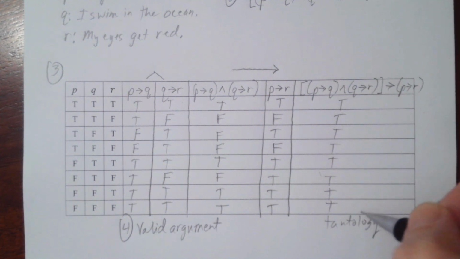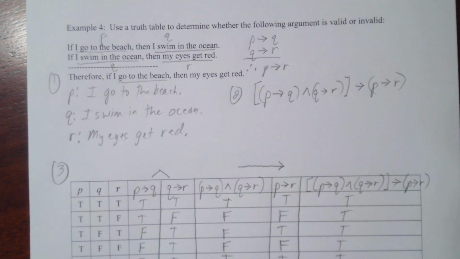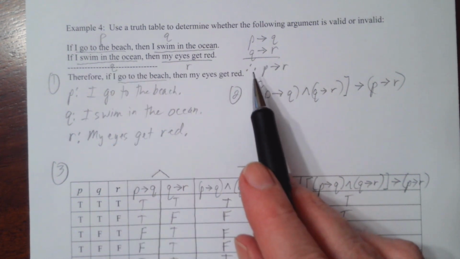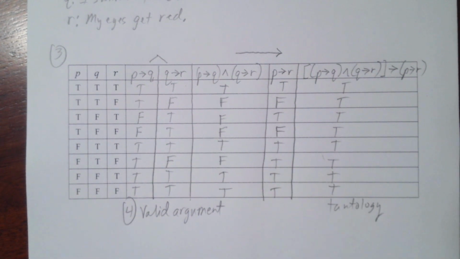So that's a tautology. It means this argument is a valid argument. We basically took an argument that was in words, we put it in symbols, and we used that truth table to determine whether or not the argument is valid. You can actually do this with very complicated arguments, but anyway, we're just doing a basic introduction here.